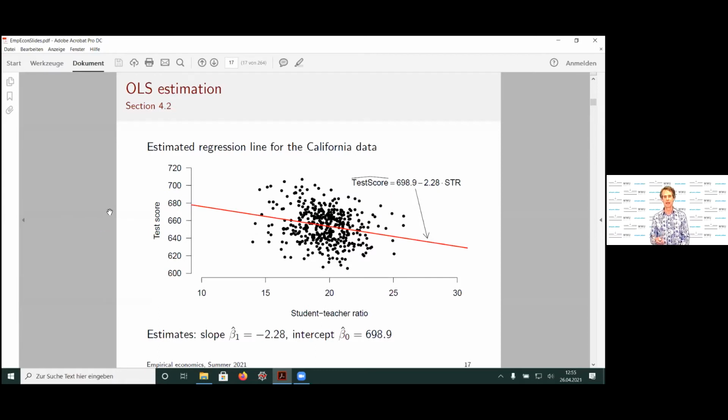Okay, and the slope coefficient is minus 2.3 roughly. So if we increase the class size by 1 student per teacher, the test score would go down, at least that's the interpretation here, by 2.3 points, which is not very much. So it's really just a slightly downward sloping line. So these are the estimates in this example.